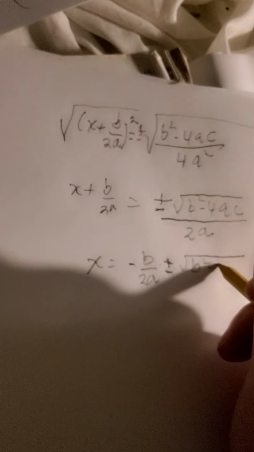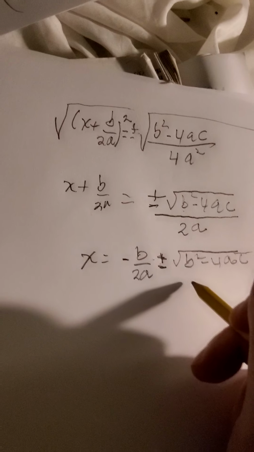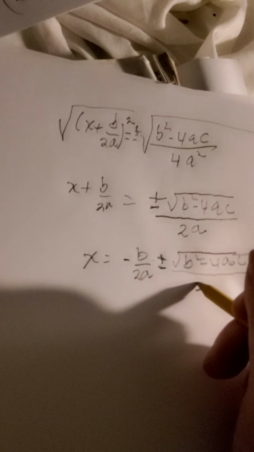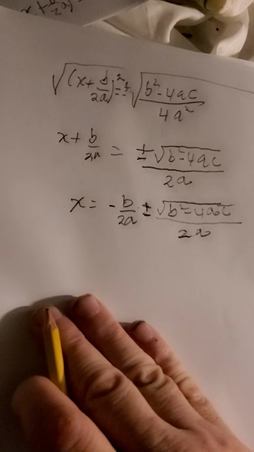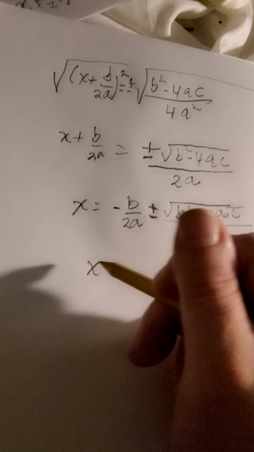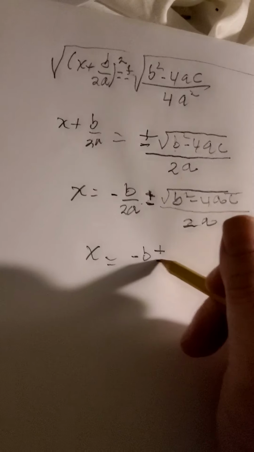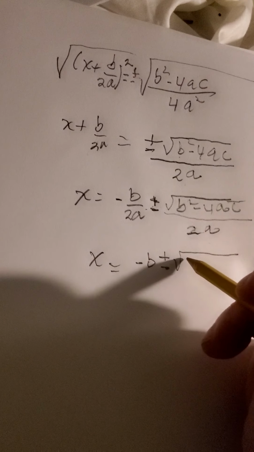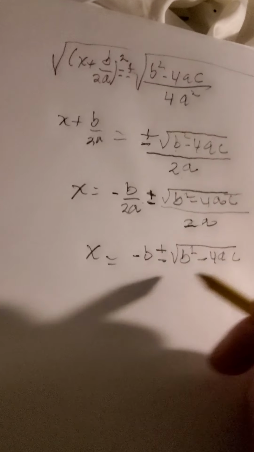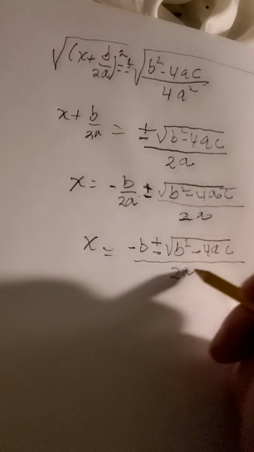B squared minus 4ac, okay, divided by 2a. Guess what? We have like denominators, so we can just combine everything. So x equals negative b plus or minus the square root of b squared minus 4ac, all divided by 2a.